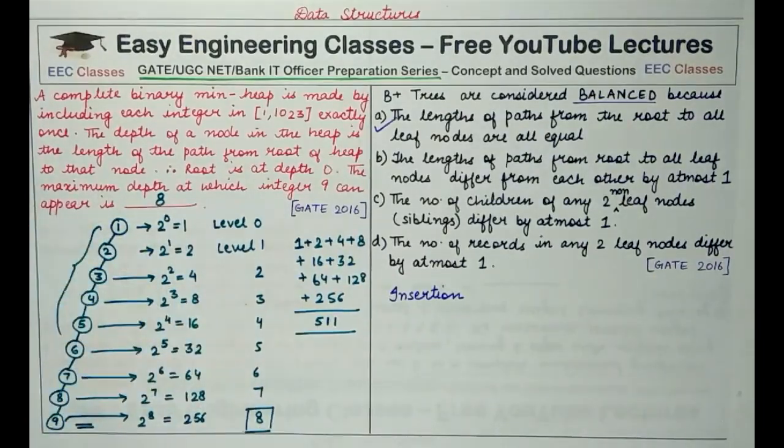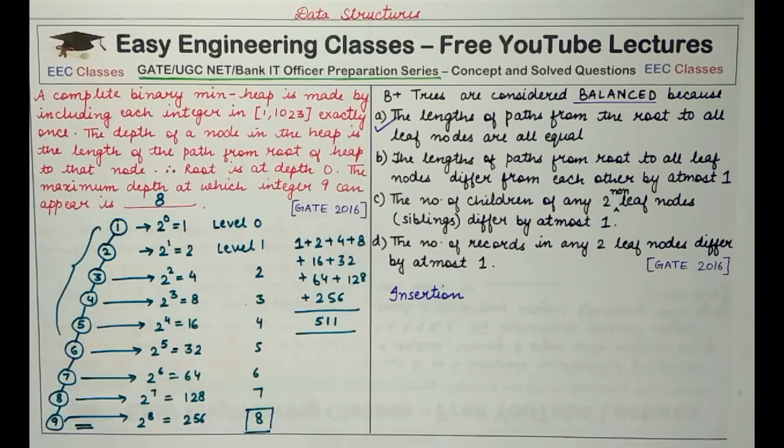What I actually mean is that at the time of insertion, if we have to increase the height of the tree, we increase the height from the root. Similarly, we move the root one level down in case of deletion.